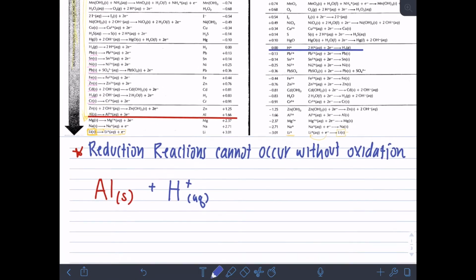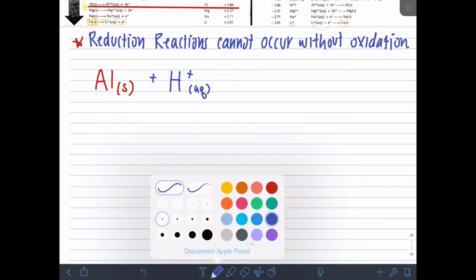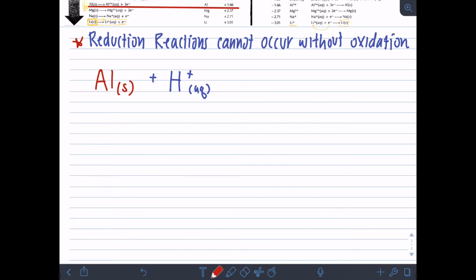And we'll want to line up the arrows of the reaction. So I'm going to start with my aluminum reaction. Aluminum solid produces aluminum 3+ aqueous. And this reaction produces 3 electrons.